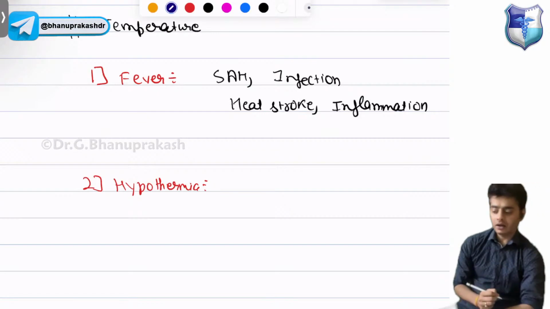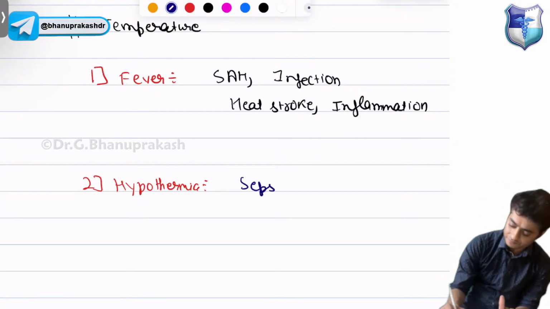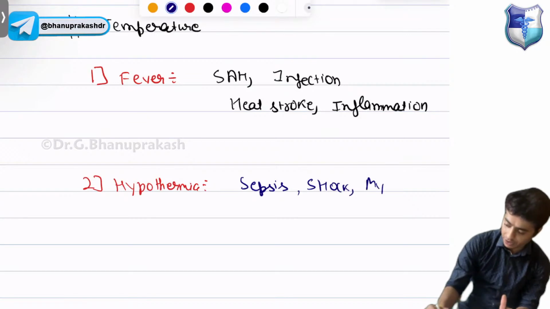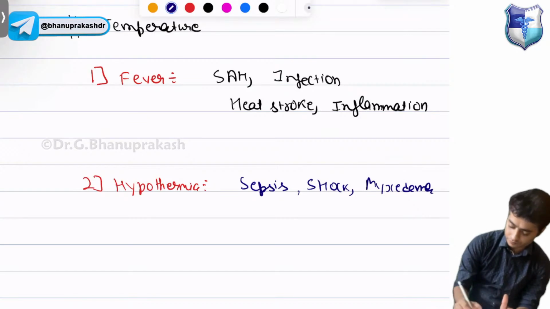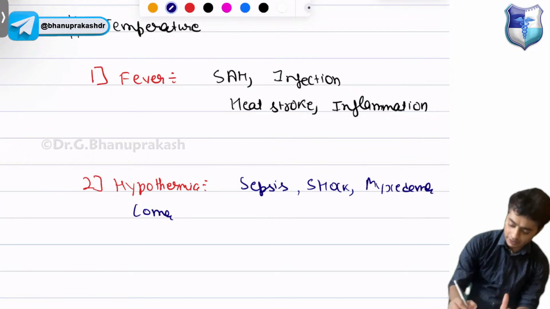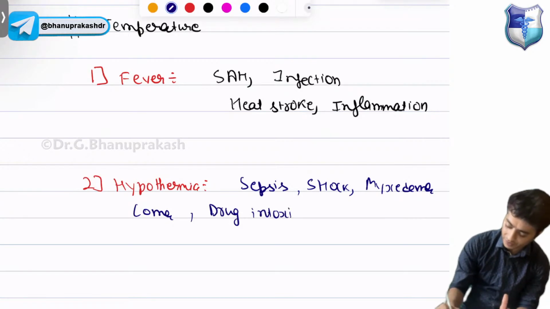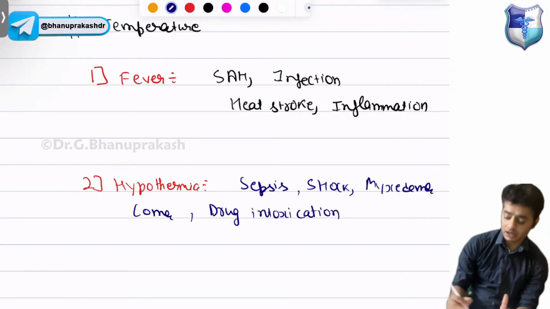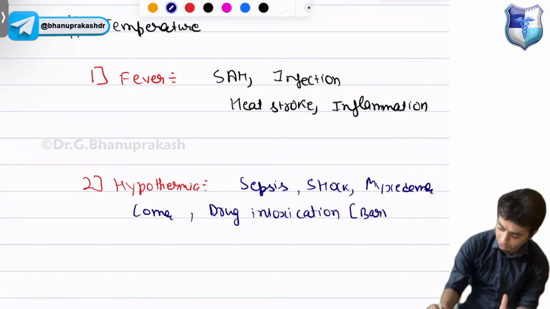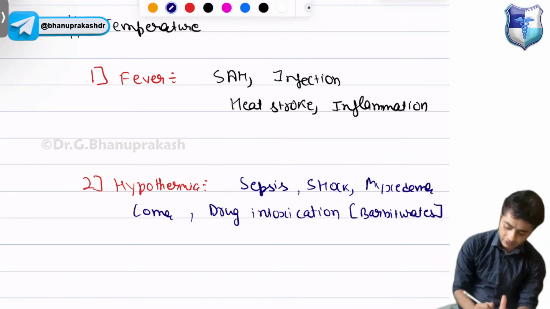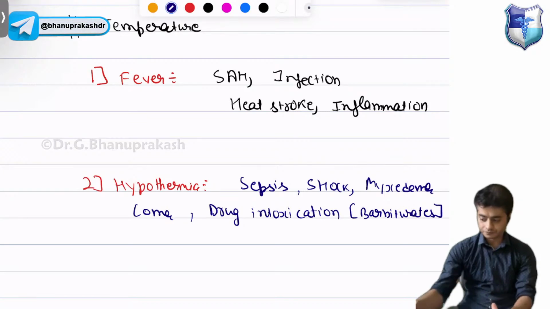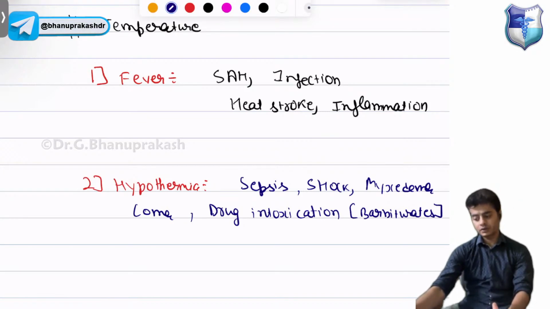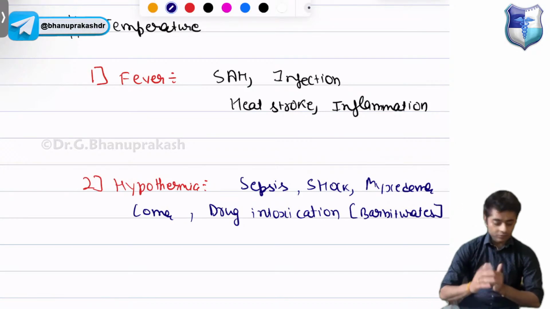In hypothermia, what will you suspect? You will suspect sepsis, shock, mixed edema, coma, any drug intoxication, like barbiturates. Yeah, Naveen, infection like meningitis or encephalitis. ठीक है everyone? Shall we move further?